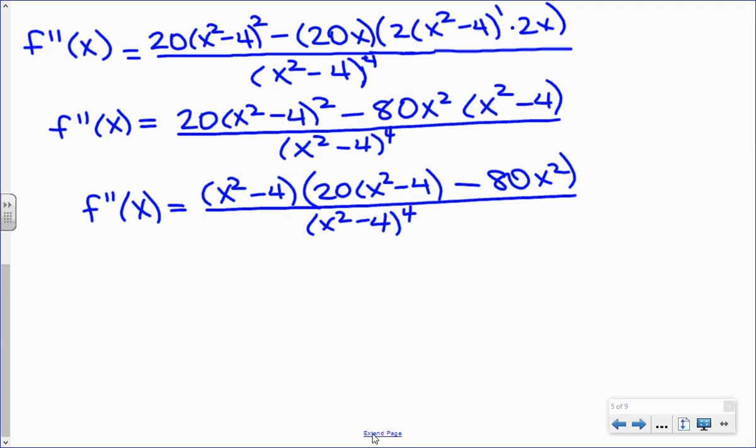Okay, so this is nice, right? We get rid of some terms here. This x squared minus 4 can cancel out with one of those x squared minus 4s, and so now our numerator does not have as many terms in it.